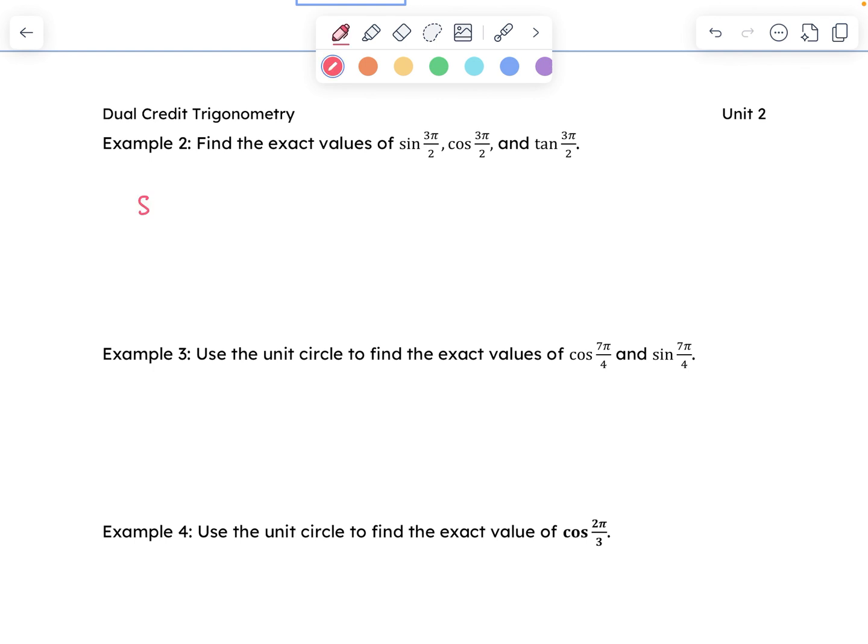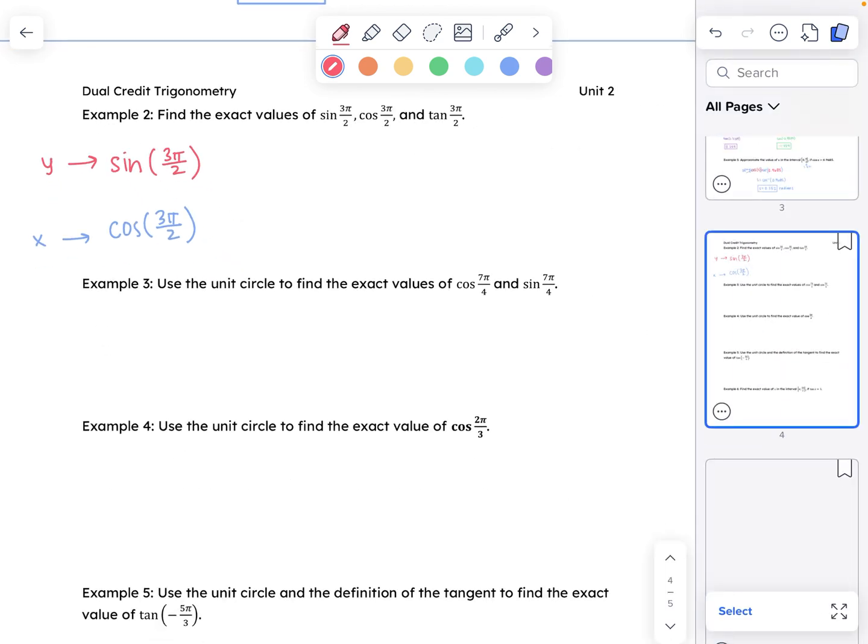So if I'm looking for sine of 3 pi over 2 and cosine of 3 pi over 2, that's going to be my x and my y. Remember, your x is your cosine and your y is your sine. Something that helps me remember that is think about it alphabetically, x, then y, and then cosine starts with a C, and then sine starts with an S. C comes before S in the alphabet. So that's helpful for me.